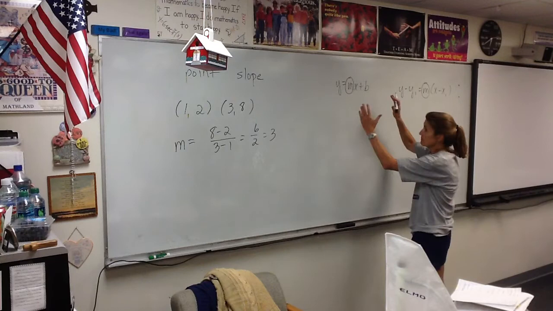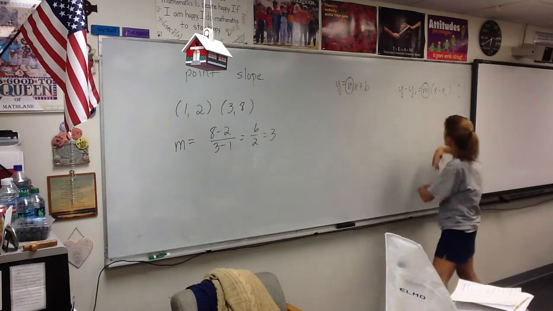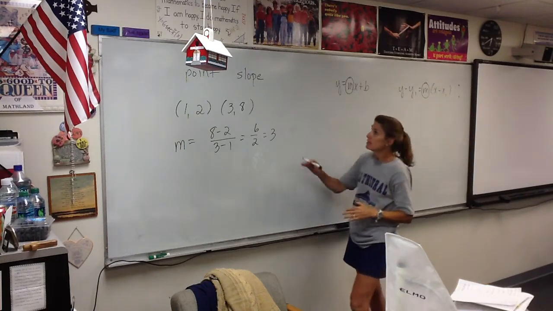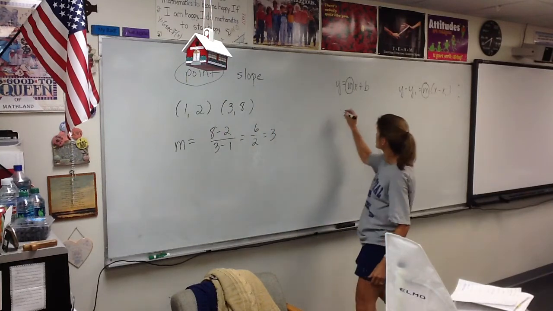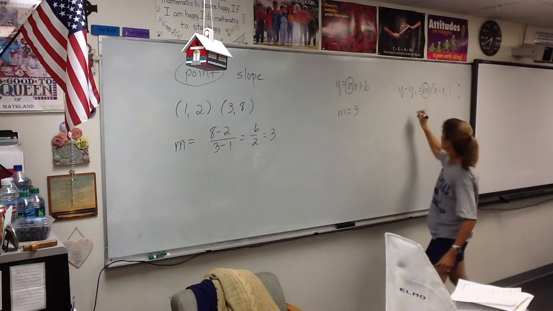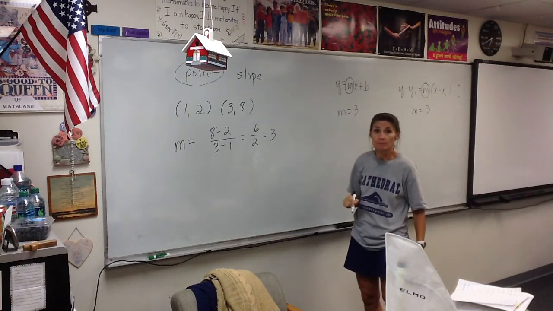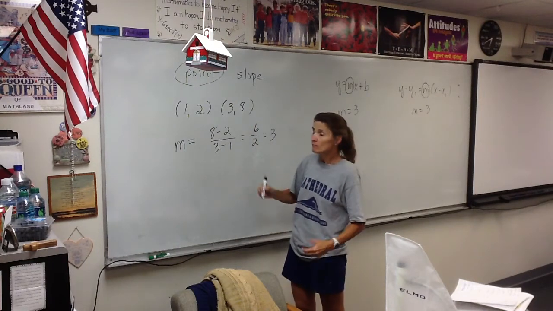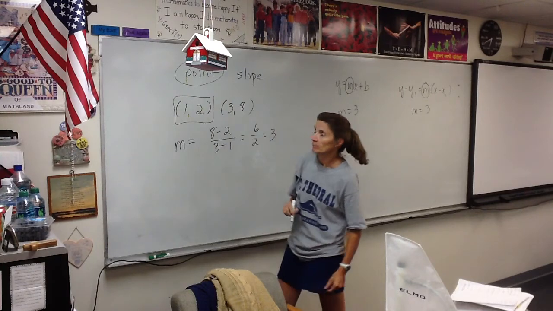Now, if you're doing the problem with slope-intercept, or if you're doing the problem with point-slope, either way, you also need a point. We now have our slope. Now we need our point. Now, you get to pick. Just for fun, and because the numbers are smaller, I'm going to pick this point.